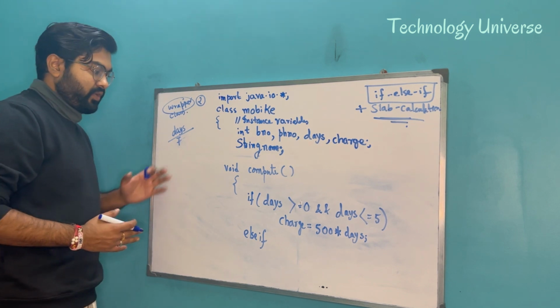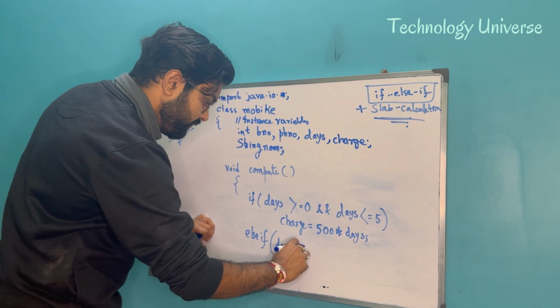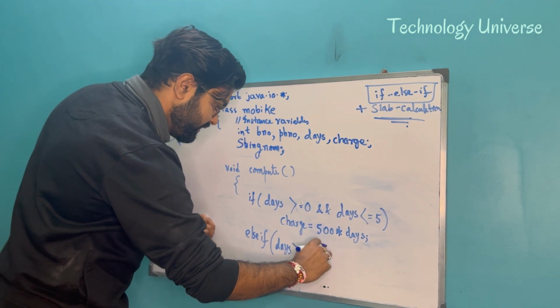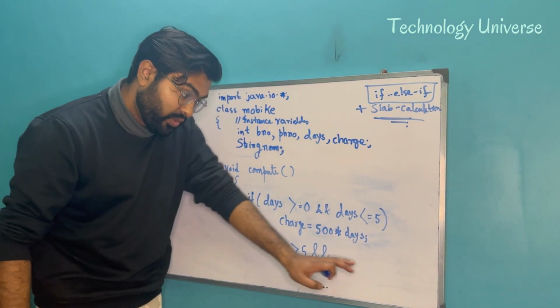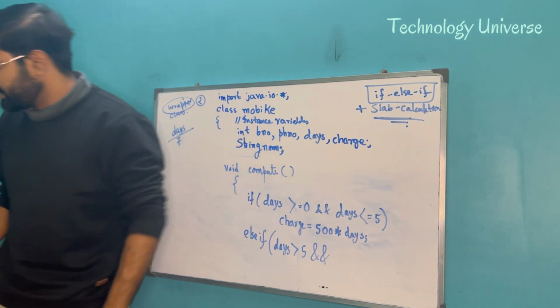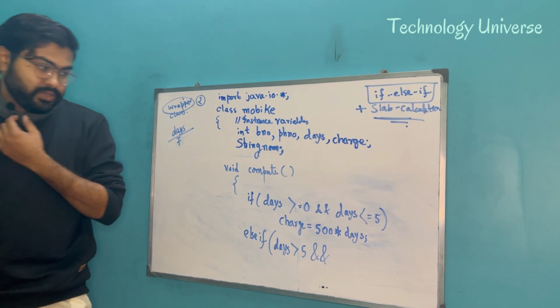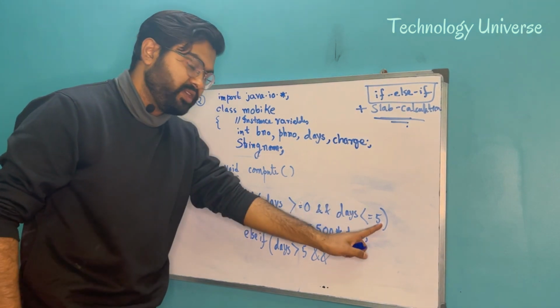Then we have to check whether this days is greater than 5, and to write the next part, you have to look to the question: what is the next slab? Next slab is next 5 days. So we had 0 to 5 here.